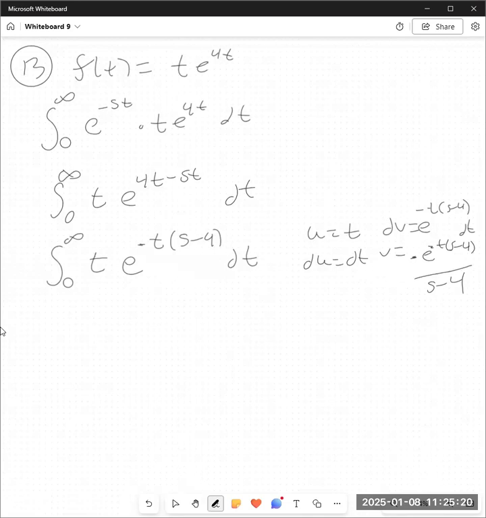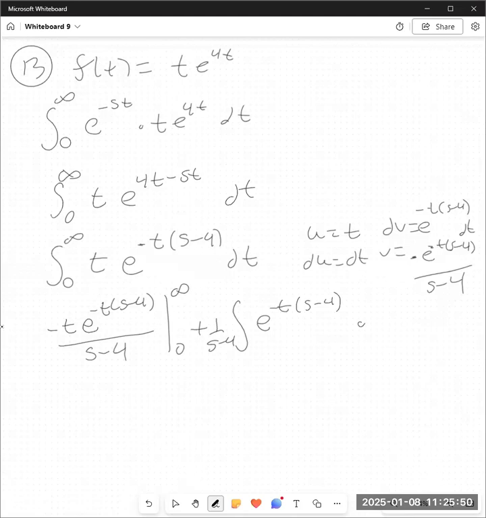So we get uv, which is negative t e to the negative t, s minus 4 over s minus 4, from 0 to infinity, minus the integral of v du, so minus a negative e to the negative t, s minus 4. Let's pull out this constant part, s minus 4 dt, like so.